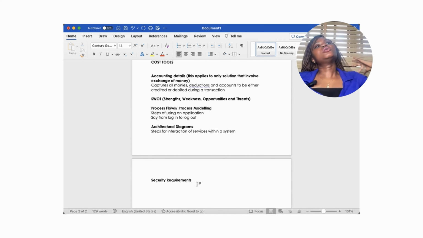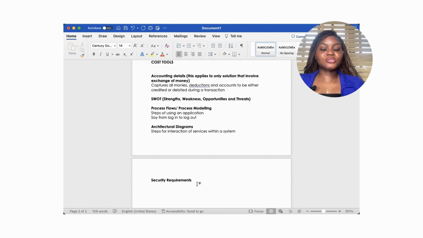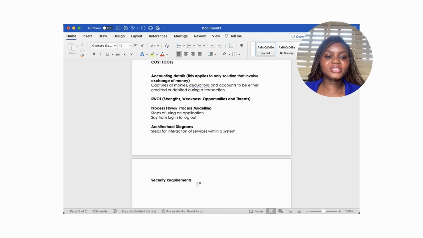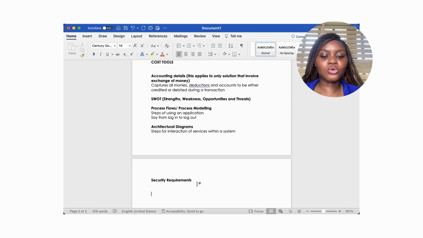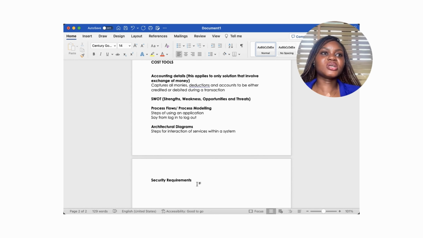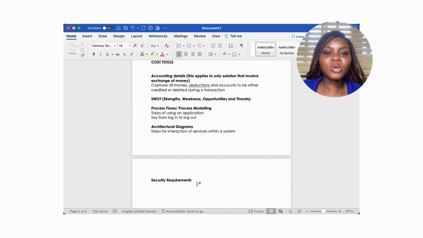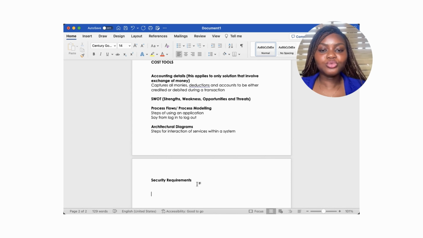Timelines. That's why sometimes business analysts also act as project managers in a project, or sometimes you have project managers as well. At this point you are required to come up with timelines. We've outlined everything, so what will be required, and what time will it take?